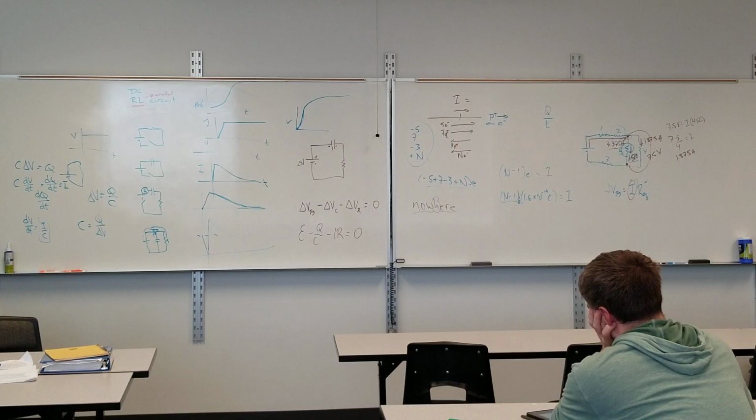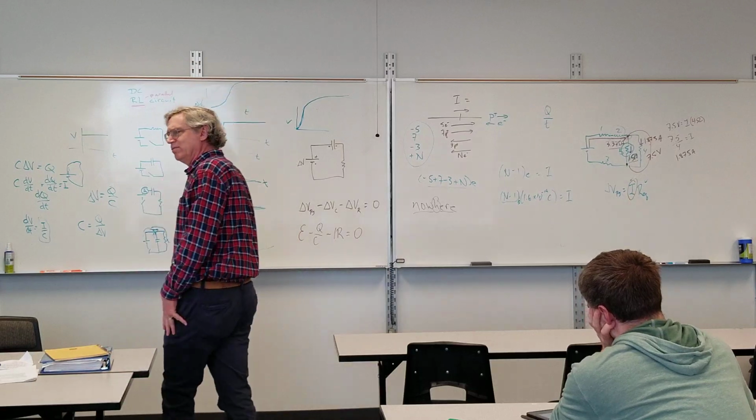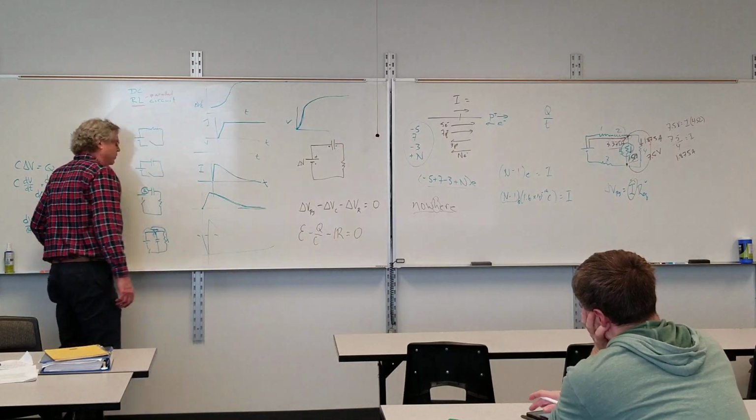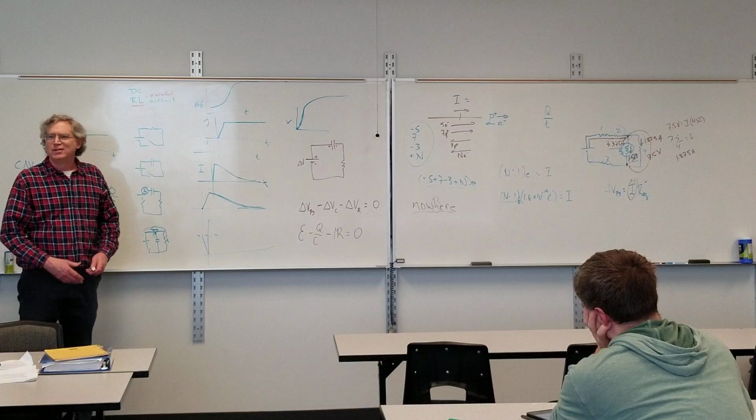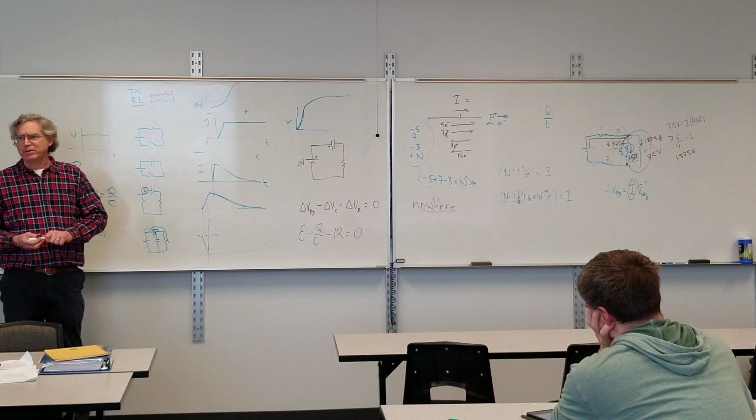When I'm trying to figure out the directions, if I wanted to not get a negative current, I sort of picture them like pumps. The higher the value, the more powerful the pump is.